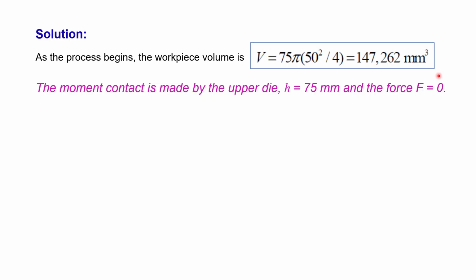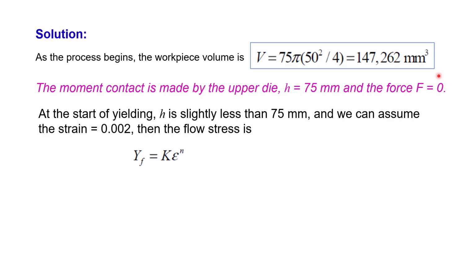So the moment contact is just made by the upper die, the height is going to remain 75 millimeters and the force is going to be equal to 0. But at the start of the yielding, the height is going to be slightly less than 75 millimeters, and we can assume that the strain is going to be 0.002. Then the flow stress now can be calculated.